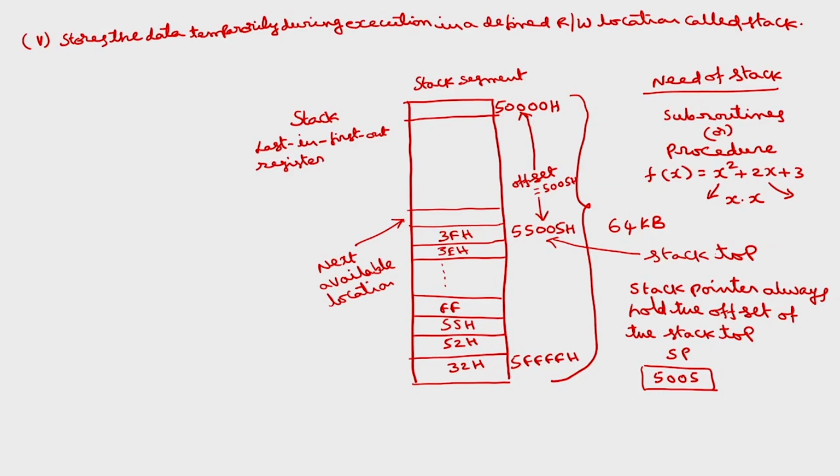If the 6000 contents have been written into this, before the contents are transferred here, these are the contents of the stack pointer. This is 32H, 52H and so on, 3H, 3FH.